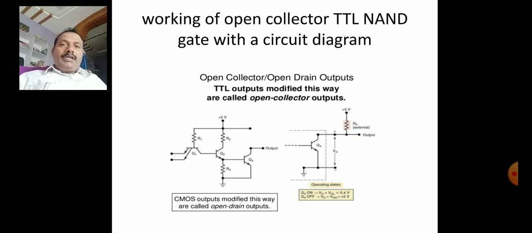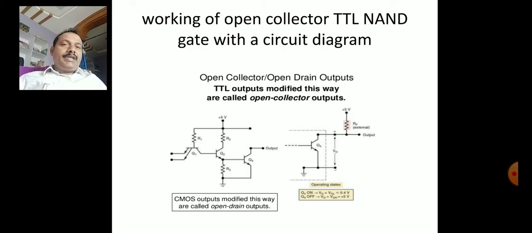If both the inputs are high, both emitter junctions will be driven into reverse biased condition, forcing Q1 into the cut off condition. Thus its collector voltage increases, forward biasing the transistor Q2. Thus the transistor Q2 is sent into saturation and its output falls to a low value, that is, logic 0.